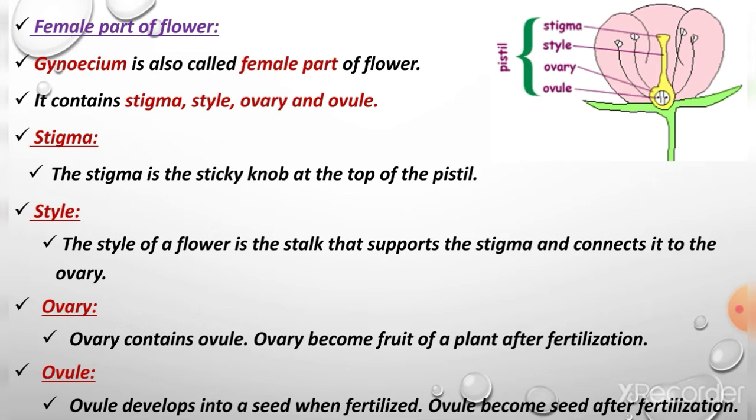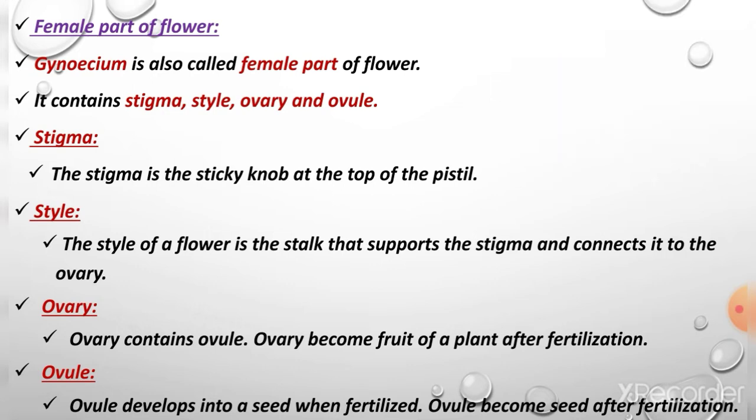Ovary becomes the fruit of a plant after fertilization, and ovule develops into a seed when fertilized. So ovary means fruit and ovule means seed.